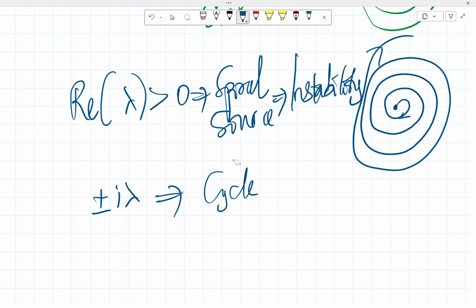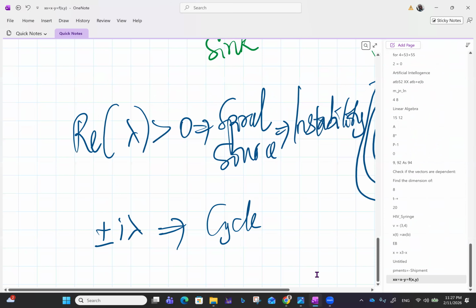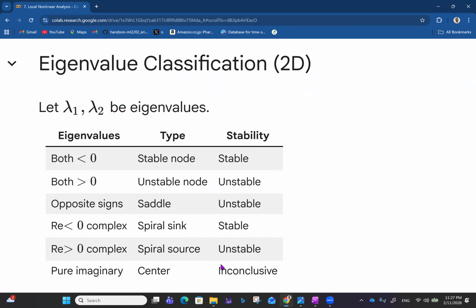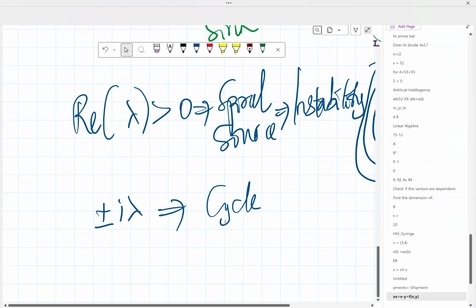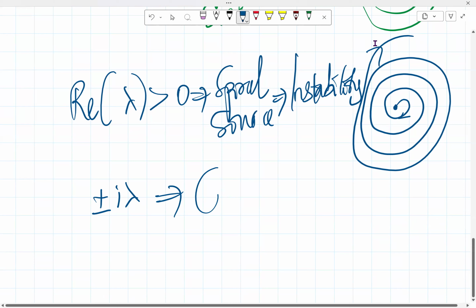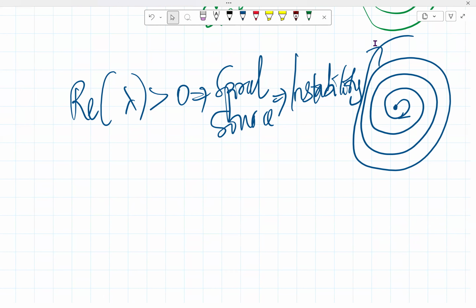It's a limit cycle, or you call it a center, and then you cannot conclude on the stability. Okay, so that's a center or limit cycle. So you have a center.